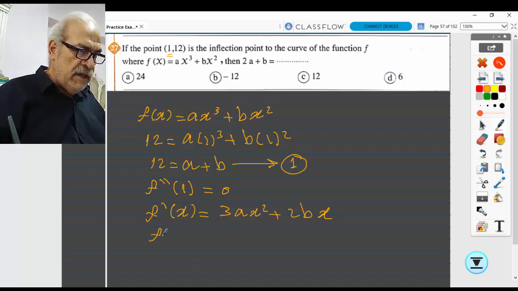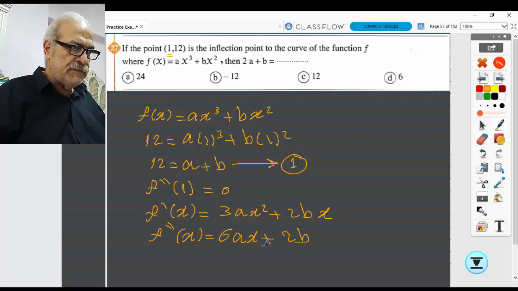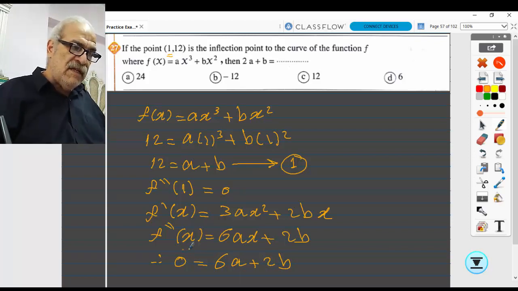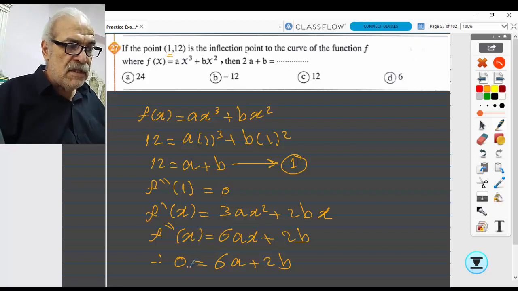Okay, and f double dash of x equals 6ax plus 2b. Again, f double dash of 1 equals 0. So you can say 0 equals 6 multiply a multiply 1 plus 2b. So we have 6a plus 2b equals 0, substituting x equals 1. There is an inflection point when x equals 1.